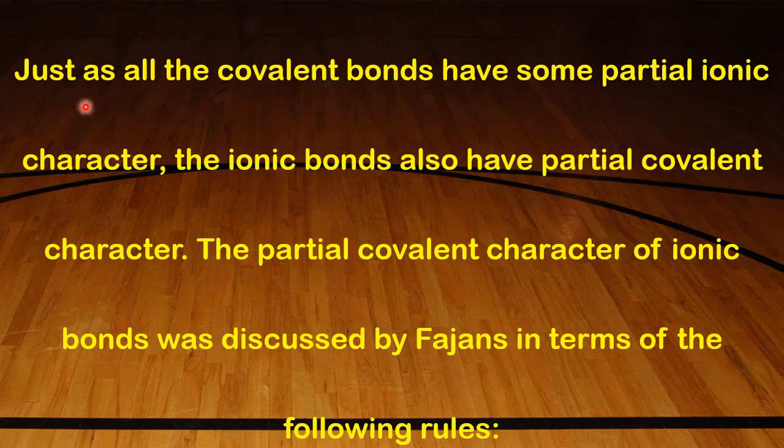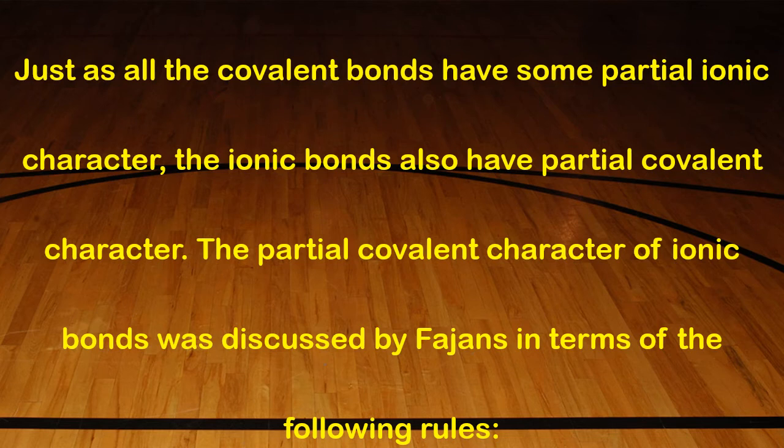Just as all covalent bonds have some partial ionic character, in the same way ionic bonds also have partial covalent character. The partial covalent character of ionic bonds was discovered by Fajans, in terms of the following rules known as Fajans' rules. That means, truly speaking, no bond is purely covalent and no bond is purely ionic.